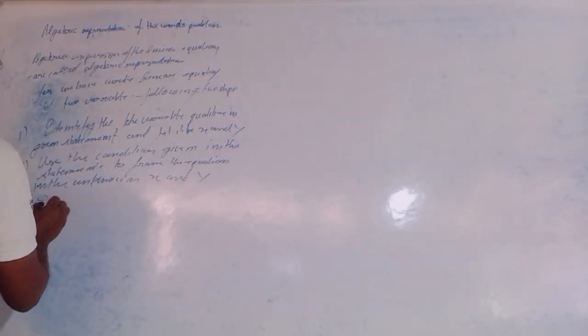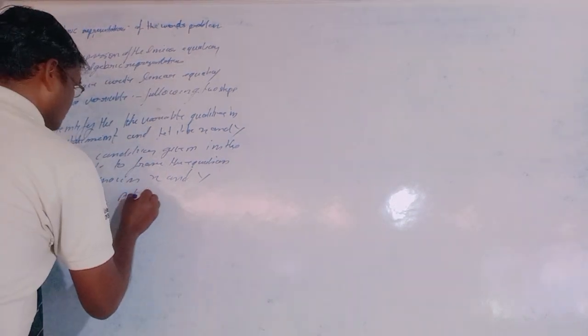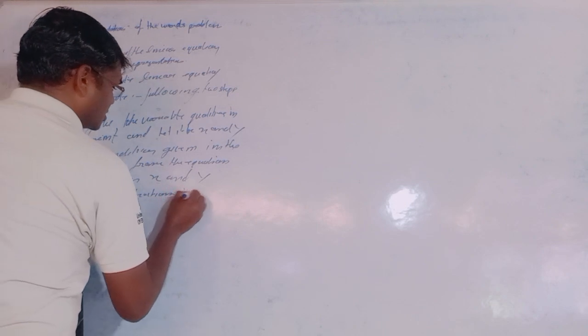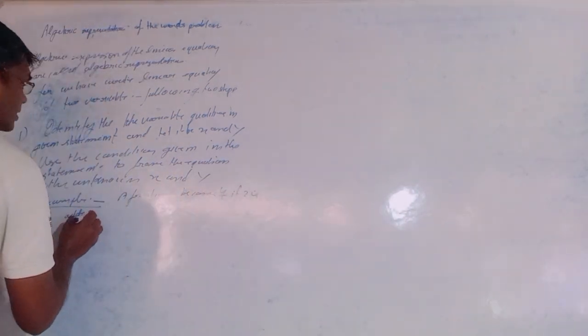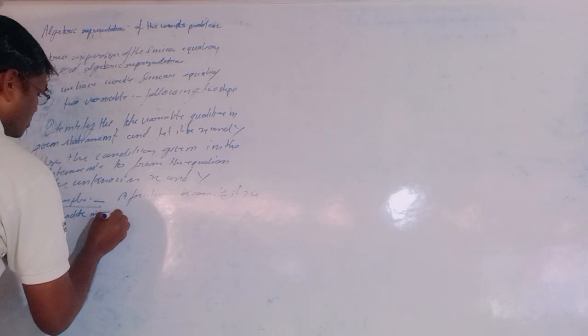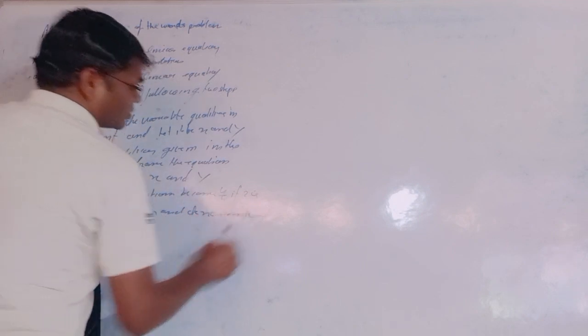Example: a fraction becomes 4/5 if 2 is added to the numerator and denominator.